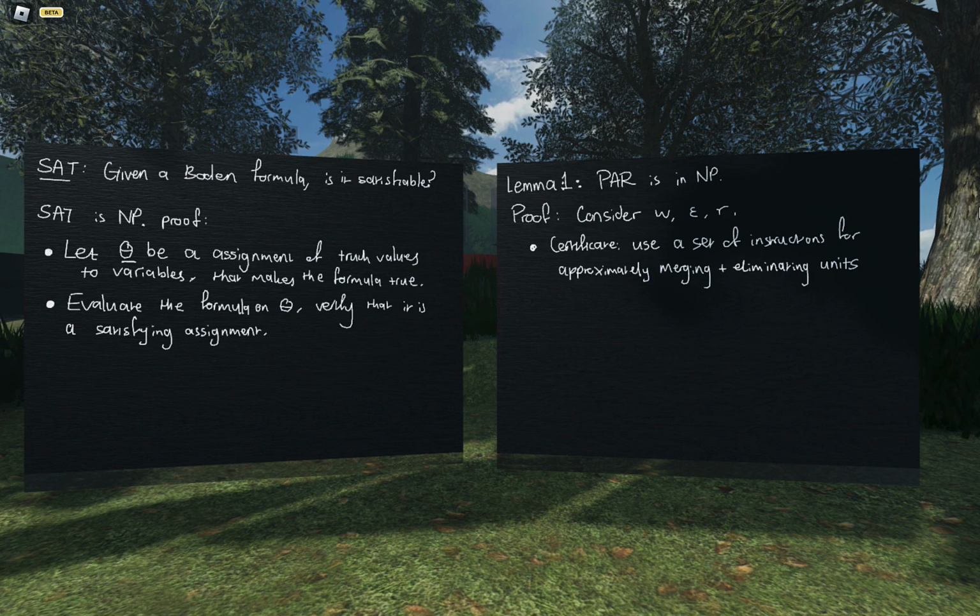I want this set of instructions to eliminate not just any number of units, it has to eliminate at least h minus r units, because then that will be possible only if the rank is at most r.